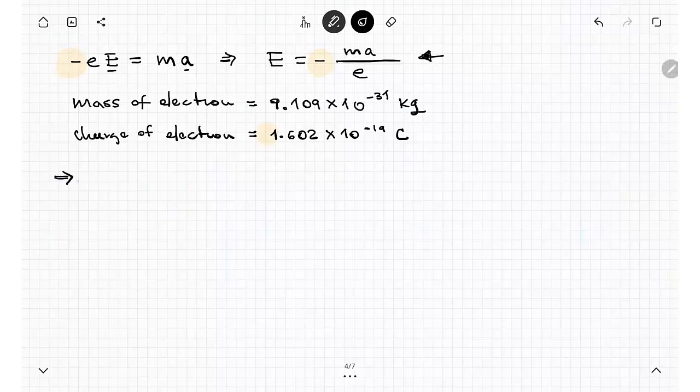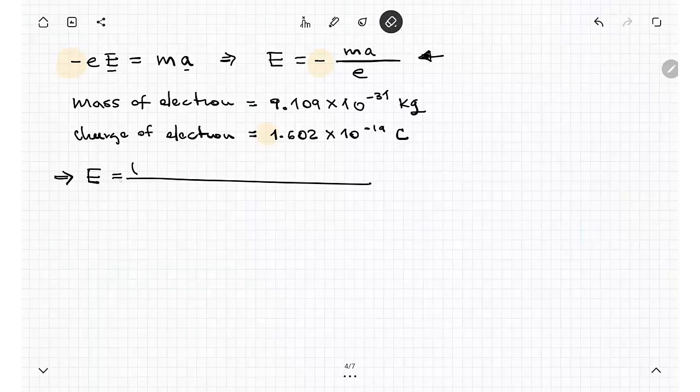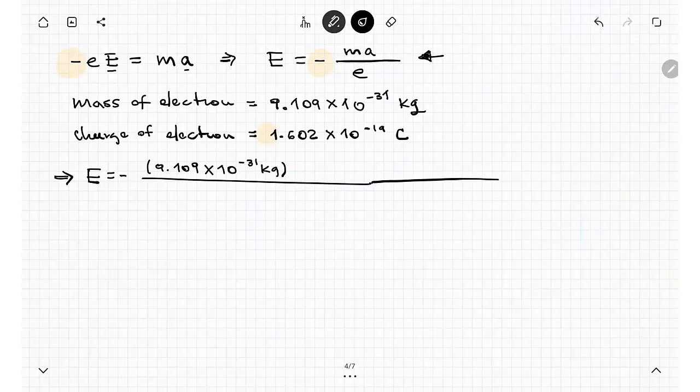Then we have E equal to, I forgot to write the minus sign, and we have here the mass of the electron, 9.109 times 10 to the minus 31st power kilograms, multiplying the acceleration.